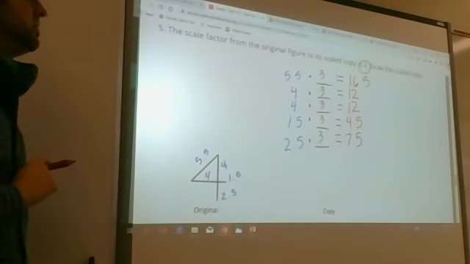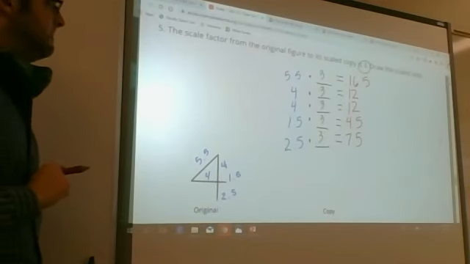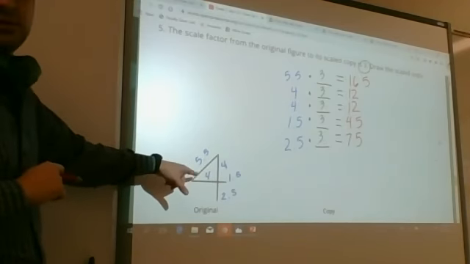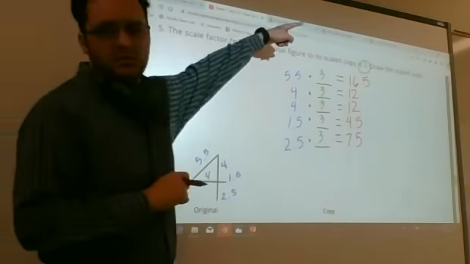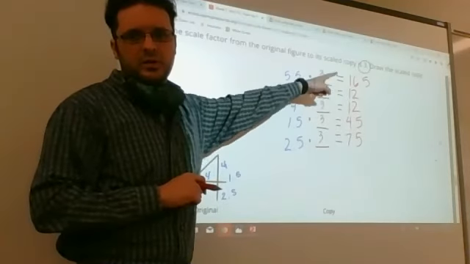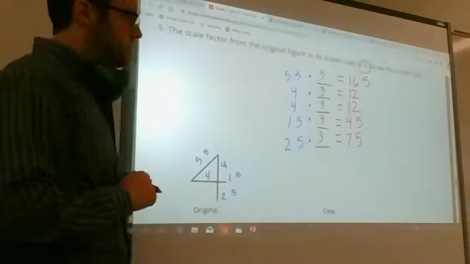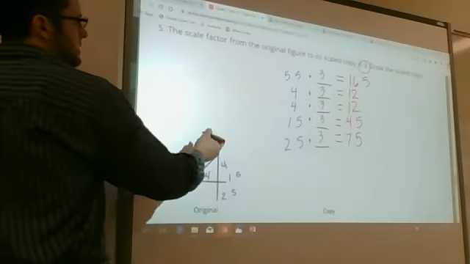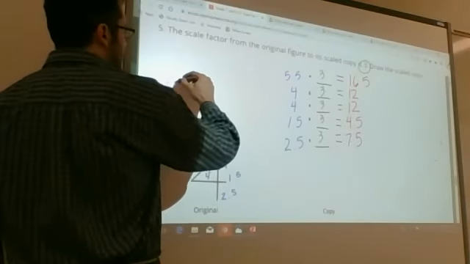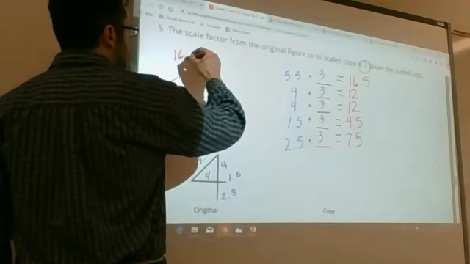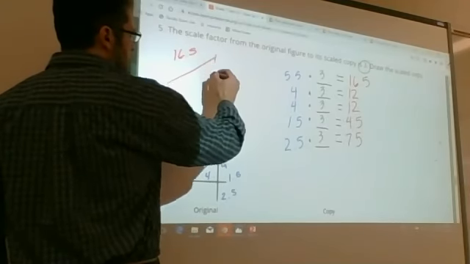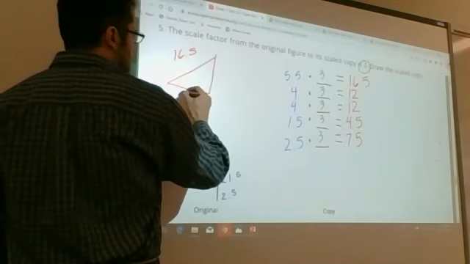I don't have a ruler long enough to work with me, but if I was going to draw a scale copy of this with a scale factor of 3, these are the lines I would follow. The diagonal, this is going to be really messy, but this diagonal would be 16.5. And then I would go 12 and 12.